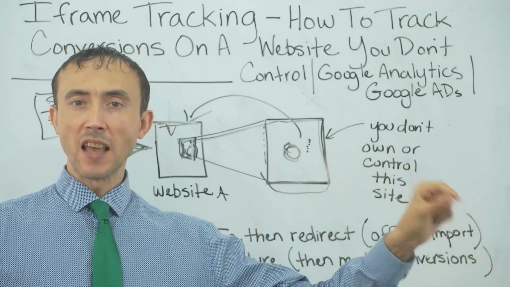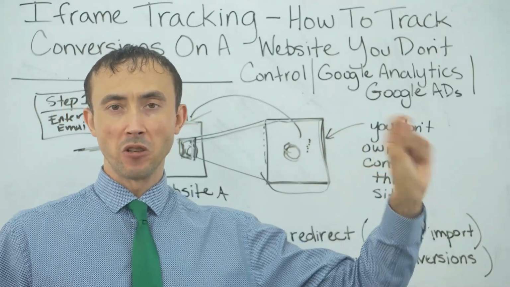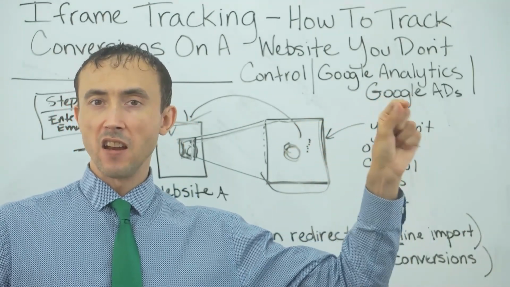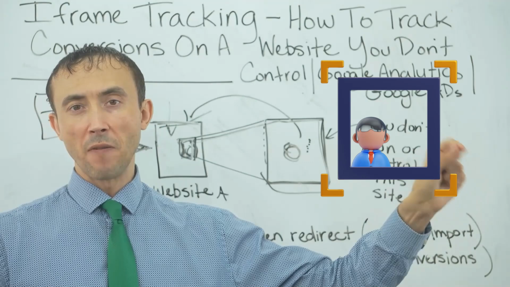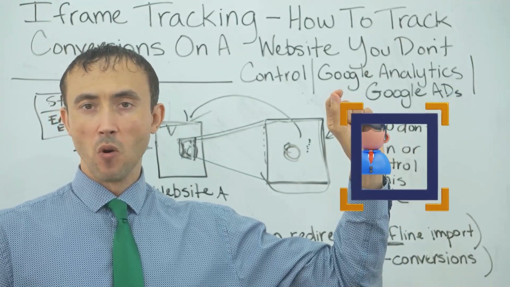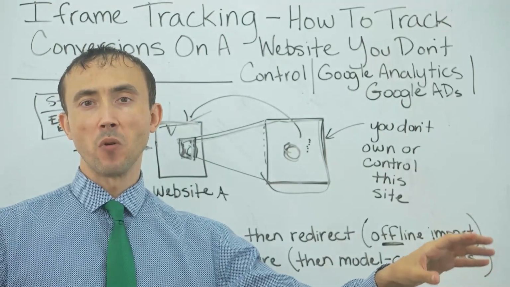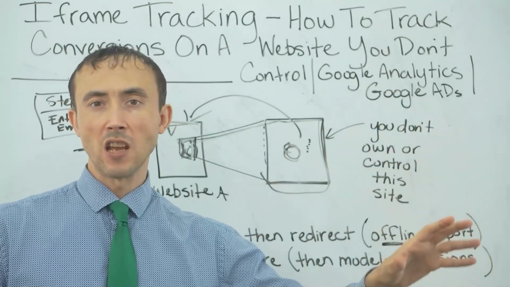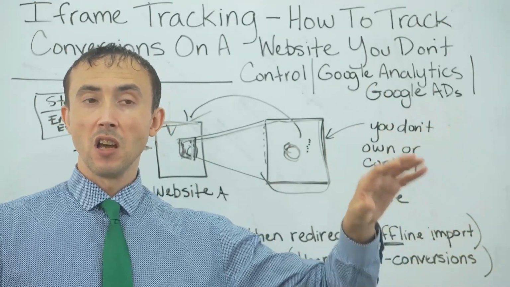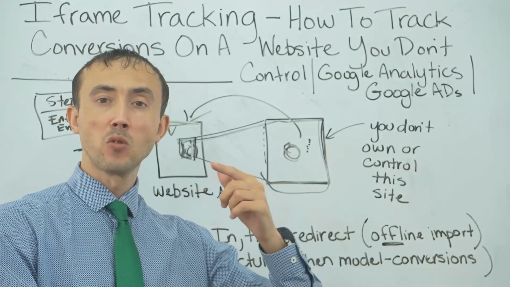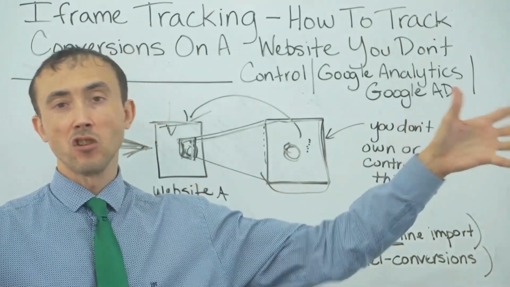And they database that with all the details about that user: time of the day, day of the week, age, what demographic traits match them, what psychographic traits match them, and on and on. There are thousands of data points that they have on each user, which they database with this so-called Google Click ID, and it's just there.